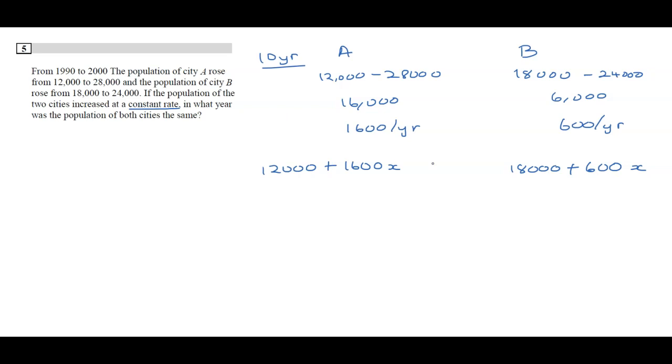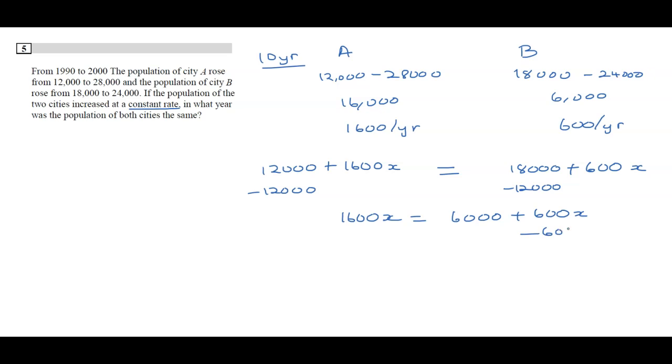Remember, x is the number of years after 1990 that the populations were the same. So now we have our equation. I'm going to subtract 12,000 here, subtract 12,000 here, and I have 1600x equal to 6,000 plus 600x.